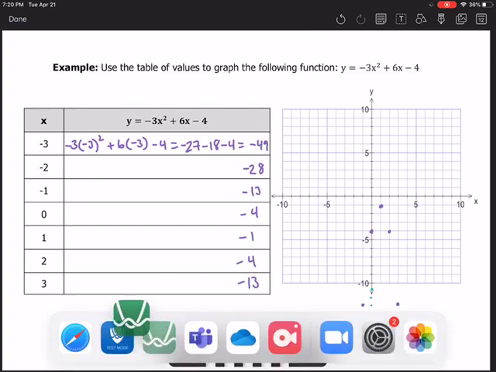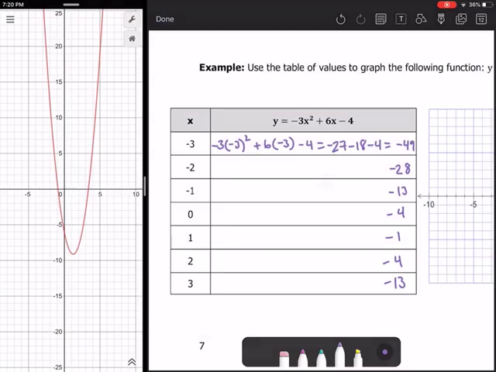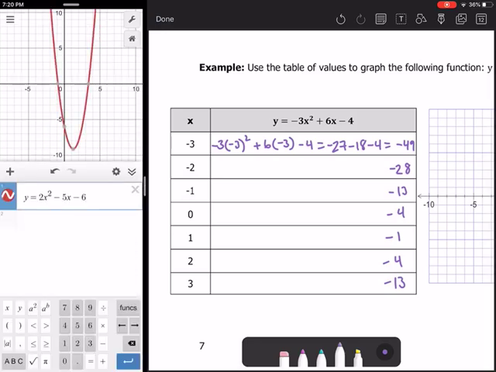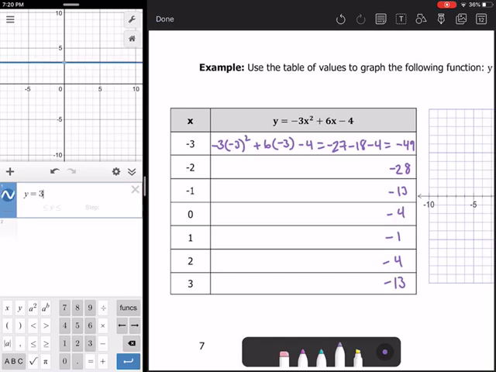And again, if we want to take a peek at Desmos to confirm that we're doing a good job, which, trust me, we are, we can go ahead and plug that in. Y equals minus 3x squared plus 6x minus 4.